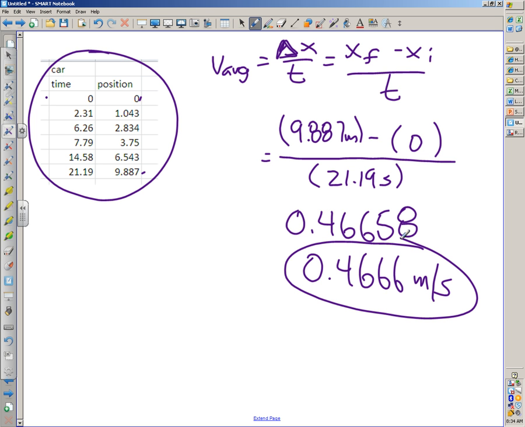We could call this, that's true, technically it doesn't tell you that, okay? But if we say that the direction that that car was moving in was the positive direction, which we are perfectly entitled to do, we could say that because those positions are all positive, the velocity was positive as well. This is the average velocity.